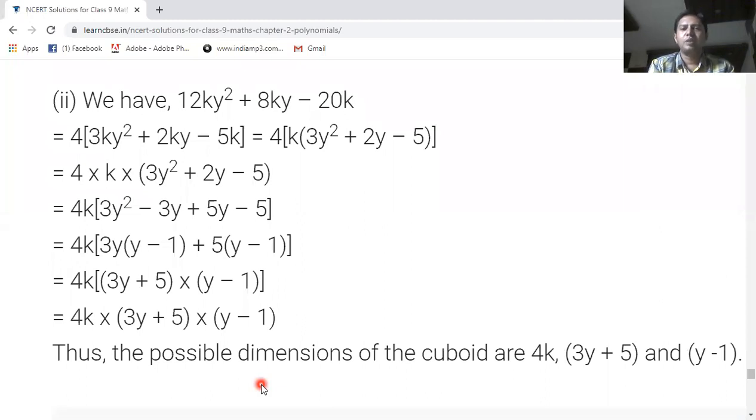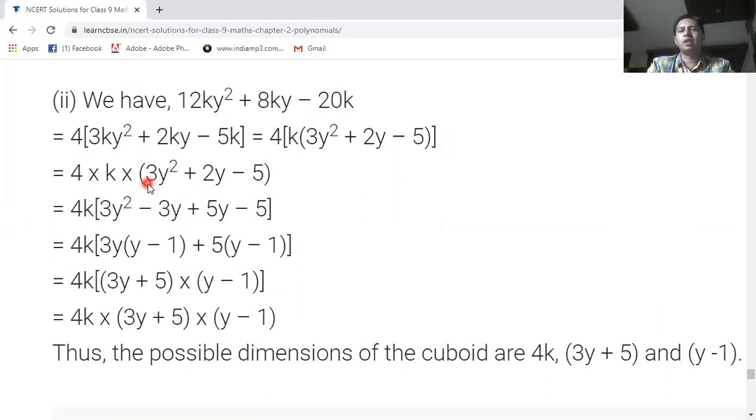Why can't we leave it here only? Because we have three different expressions, 4k and 3y square plus 2y minus 5. So we have one number here, one expression here, and one here. Why can't we consider this as length, this as breadth, and this as height? The reason is that length, breadth, or height are one-dimensional quantities. We cannot have them in square form.